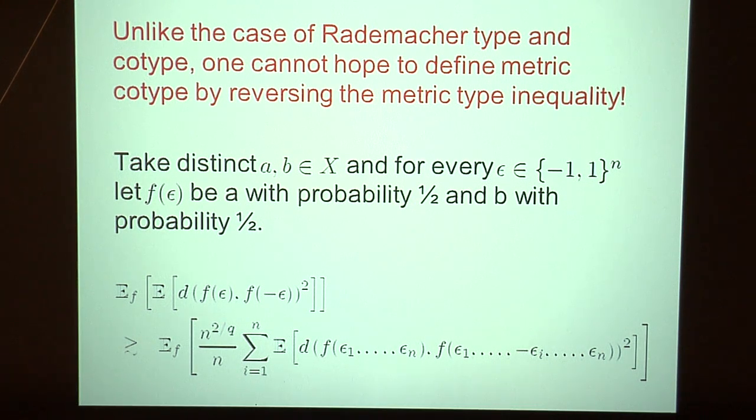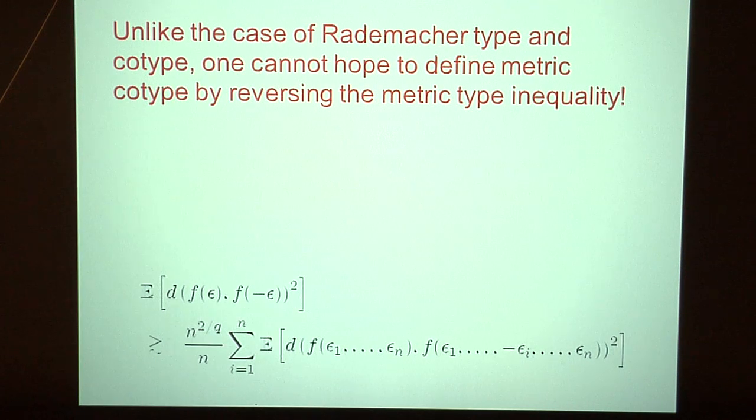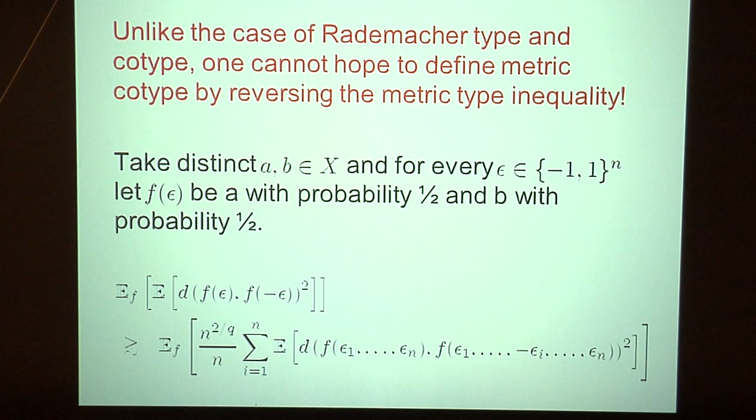Okay, so this is what's written here. For every epsilon, we'll let f of epsilon be A with probability 1/2 and B with probability 1/2. Okay, so if this inequality were true, and this is just 2 points, it's not an interesting metric space, we can write it for this f and now take expectation over the random f.